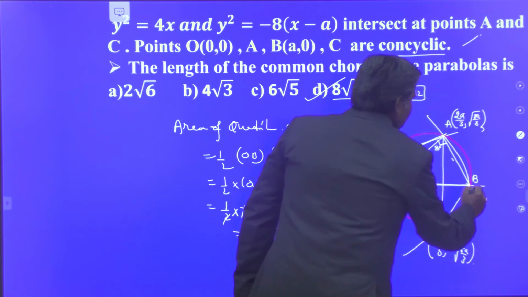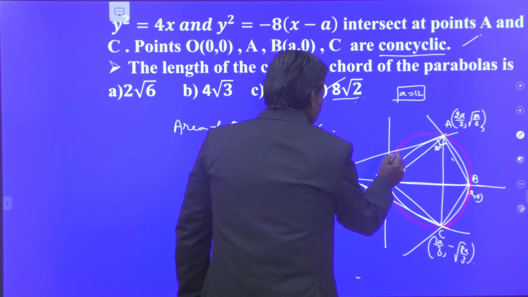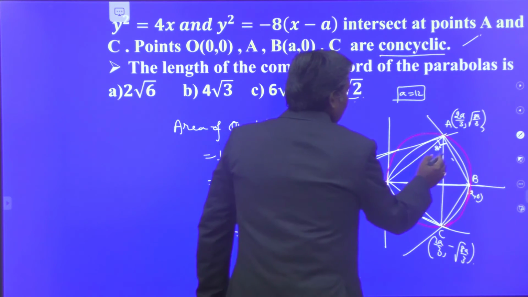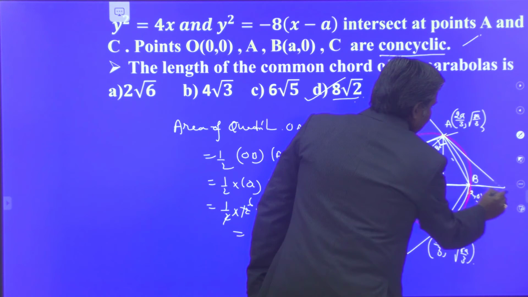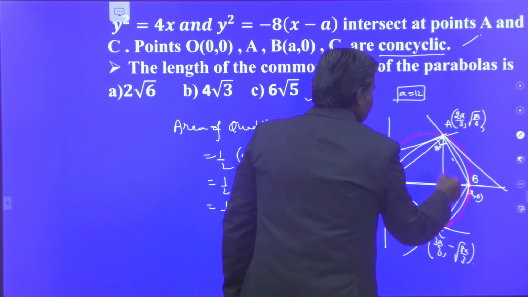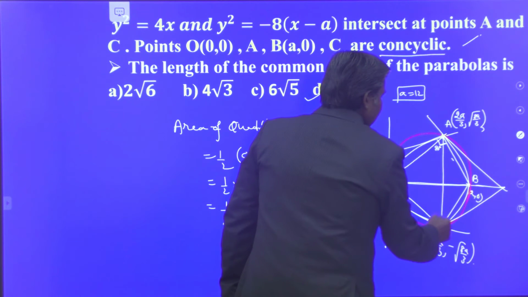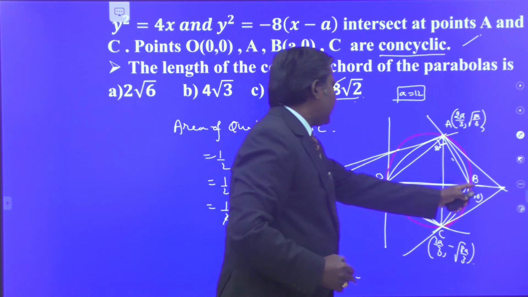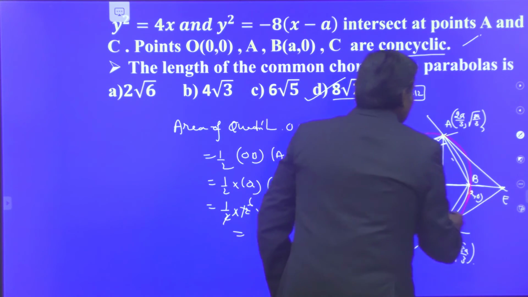So this is the point of intersection. This lies on the axis. This is D. And this is the tangent to the curve at this point of intersection. Another tangent is like that.